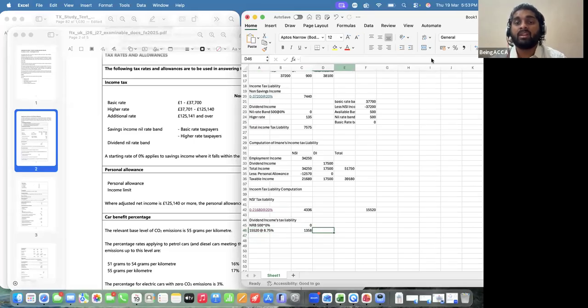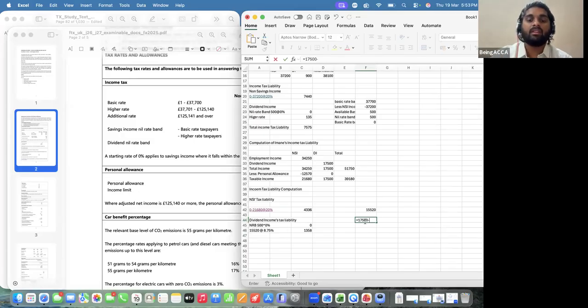Now, what happened? Our total dividend income is 17,500. From that 17,500, 500 is being taxed at 0%, minus 500. And the other 15,520 is being taxed in the basic rate band, minus 15,520.